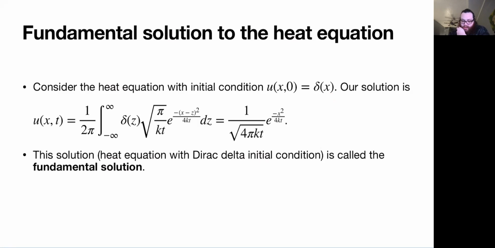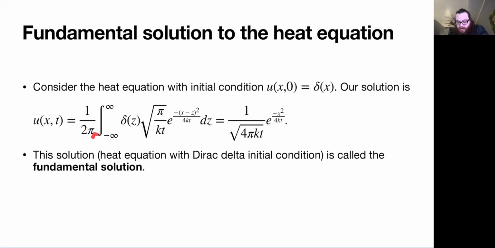What we can do is incorporate the initial condition, plug in delta for f, and then integrate out z. But the Dirac delta is special in that whenever we have an integral of this form, integrating out z, the result of integrating against delta is that you're evaluating the function you're multiplying with in the integrand at z equals 0.